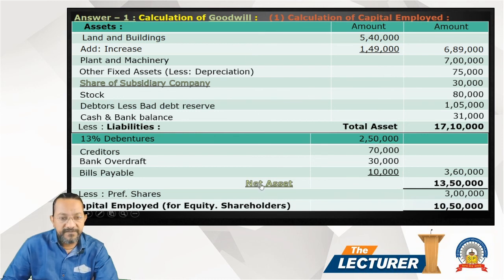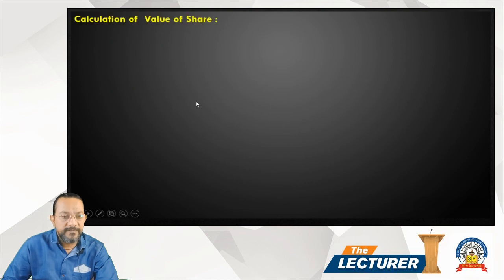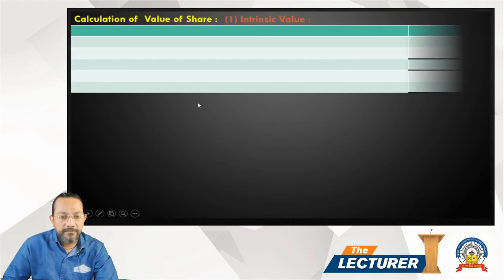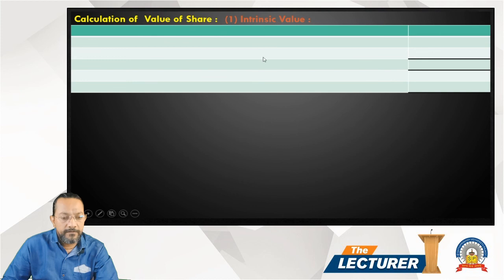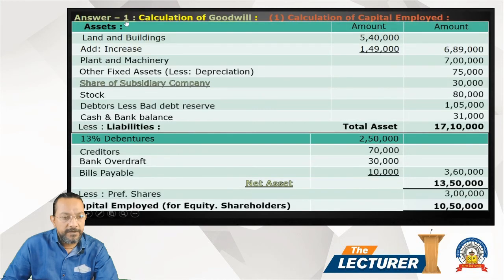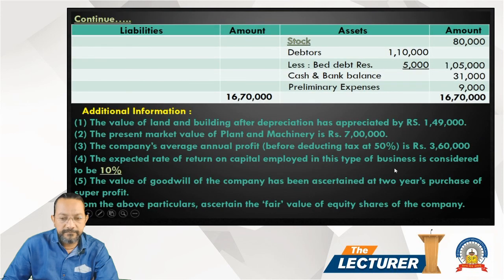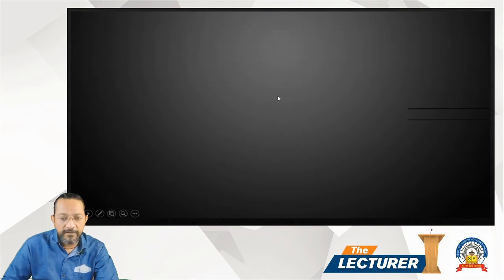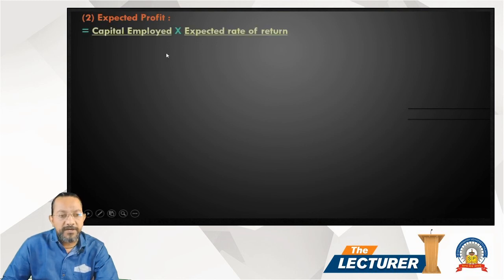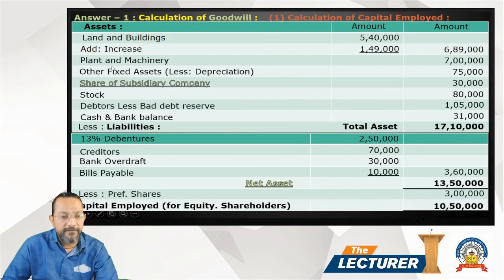Clear, friends? Next, after capital employed, we need to calculate expected profit. Expected profit is nothing but capital employed multiplied by the expected rate of return. So capital employed is 10,50,000.